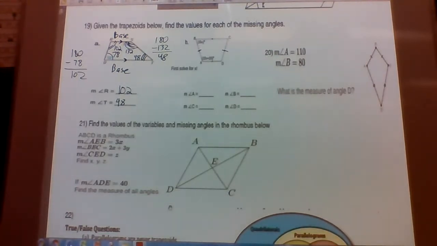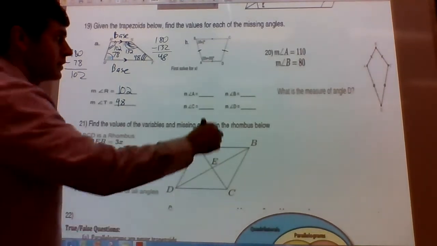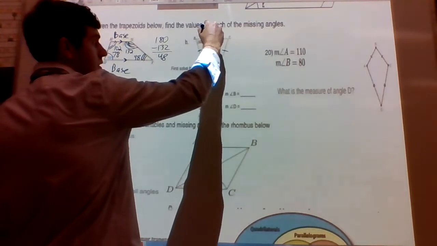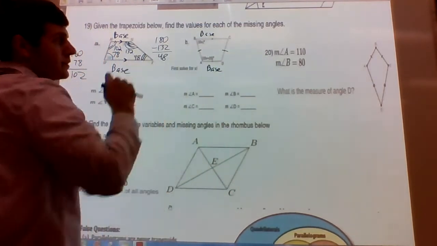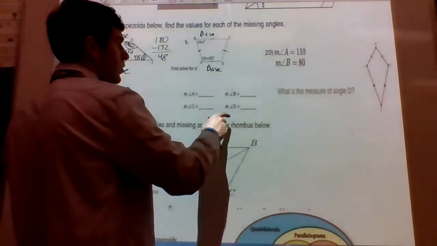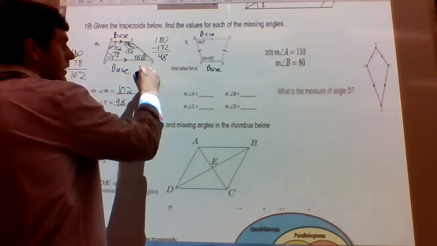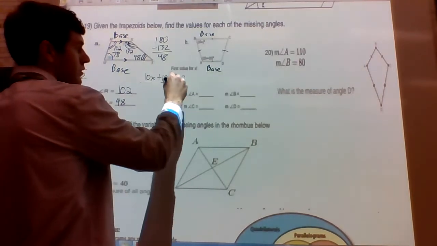B is an isosceles trapezoid. So we know again, our bases here. This is 10x, that's 10x plus 20. Can't see it on here, it's too small, but on your sheet, we should be able to see those. We know the consecutive angles between the bases are supplementary, so here's one angle, here's the other.